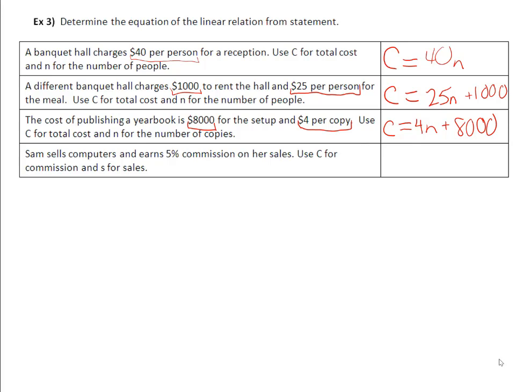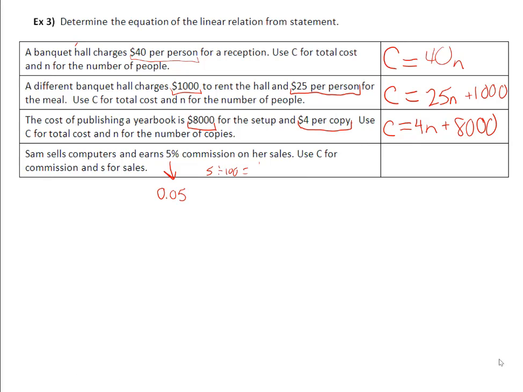Next, we have Sam sells computers and earns 5% commission on her sales. Use C for commission and S for sales. Just remember 5% as a decimal is 0.05, right? Because you take your 5, divide it by 100, and that's how you get it as a decimal.